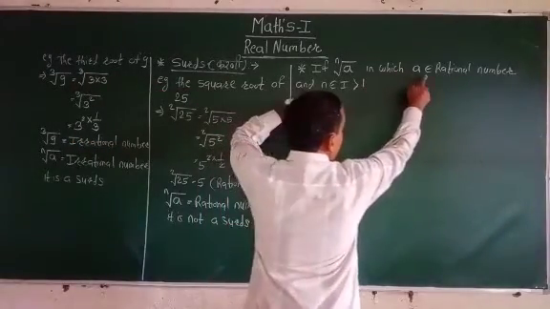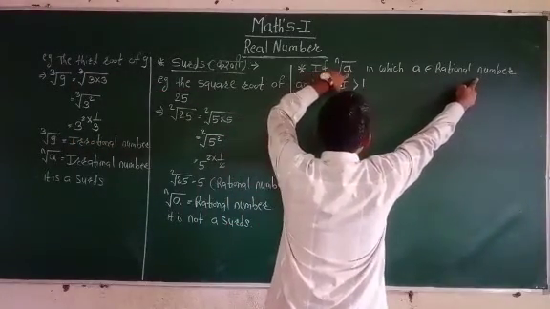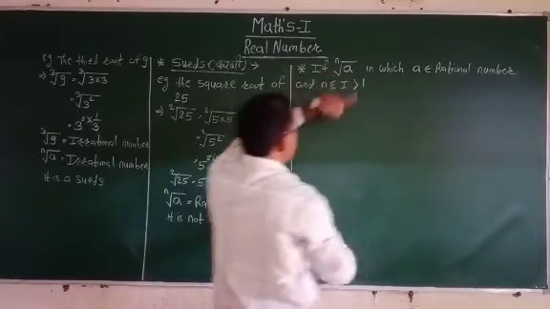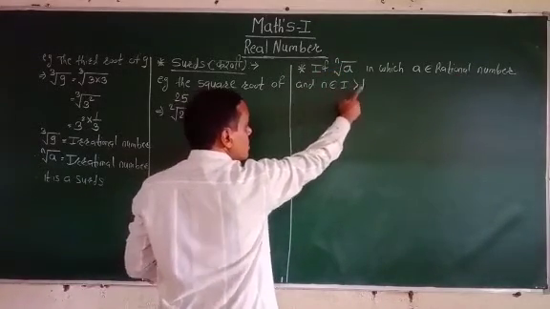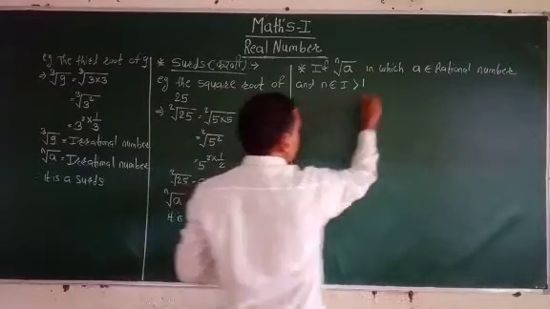That means this A is a rational number, and n belongs to integers greater than 1.